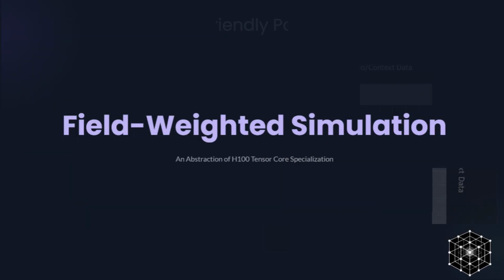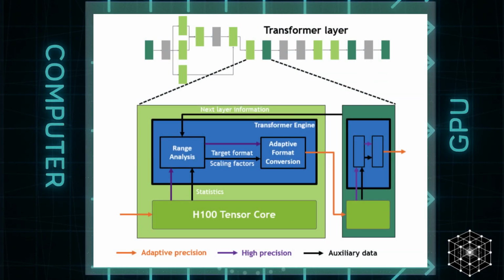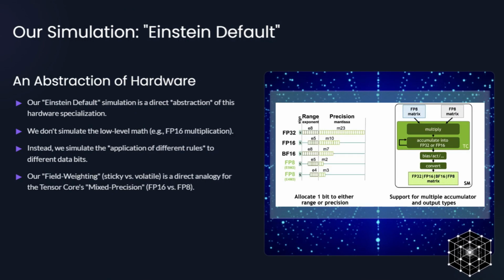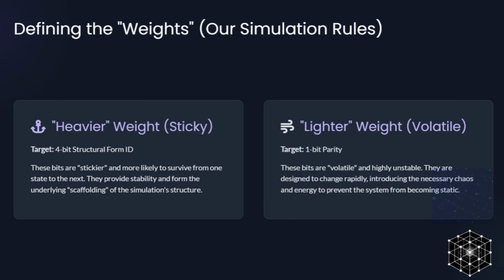The third optimization is a field-weighted simulation with tensor cores. This allows mixed precision training and matrix mathematics to be extremely fast. These tensor cores are specialized and can apply different rules and data types, like FP8 versus FP16, based on the task. We can use these to give heavier weights to the bits we've defined as important.